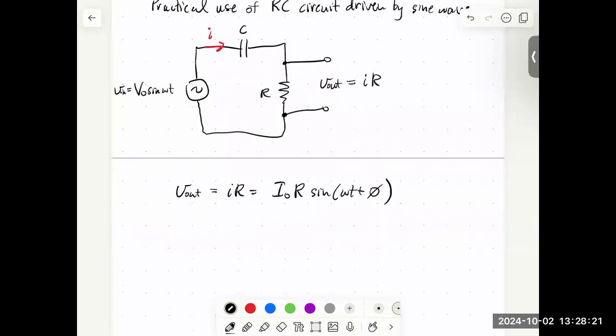Sine omega t we know is just an oscillation. This coefficient tells us how big that oscillation is.